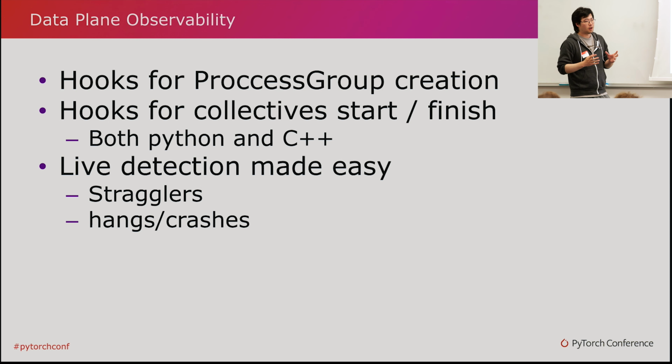Currently, we have two things to help users debug. One is called NCCL Watchdog, which will get the thread timeout if the collective is stuck there. If it doesn't proceed, this will kill the main thread. Another thing is called NCCL desync debug. This feature will be used whenever a timeout happens.